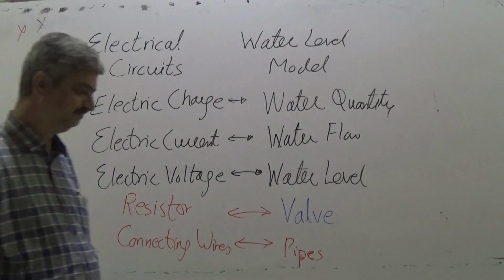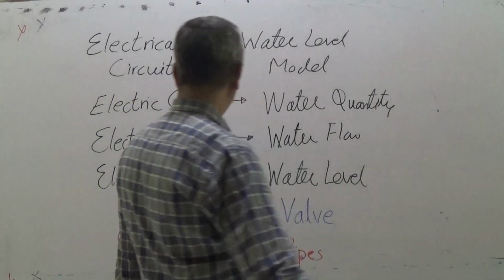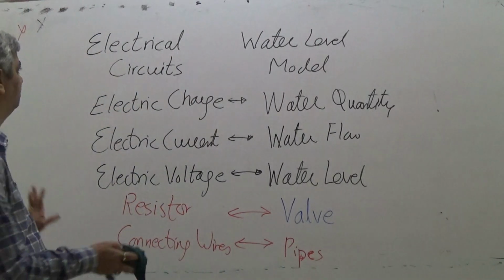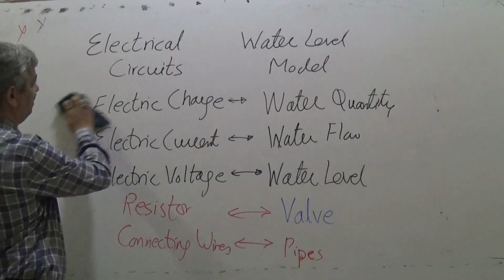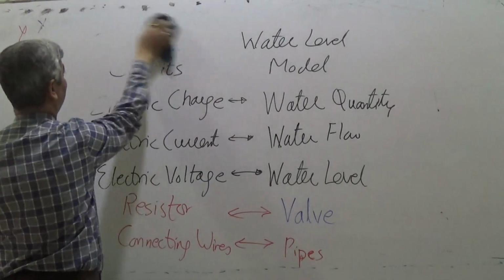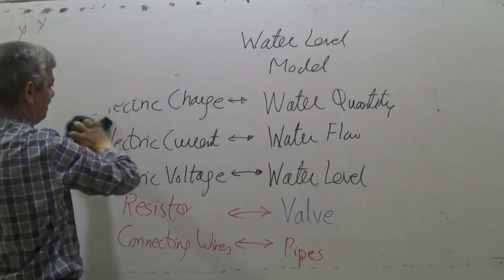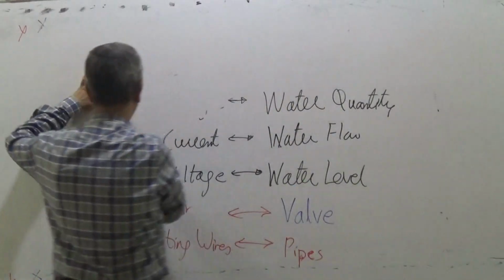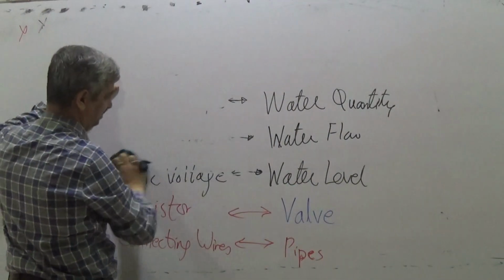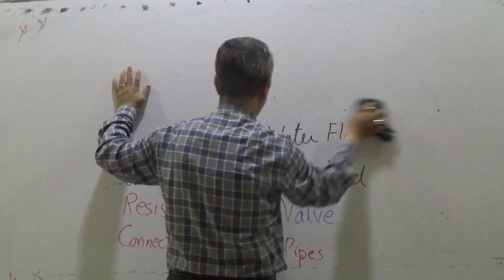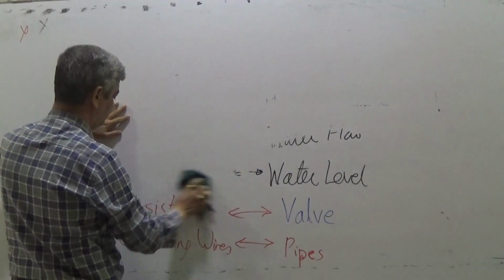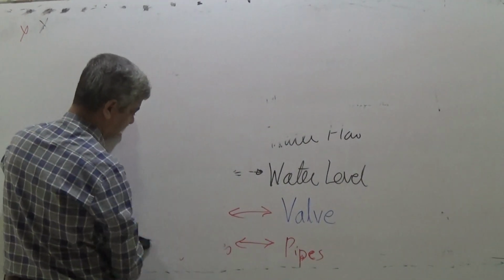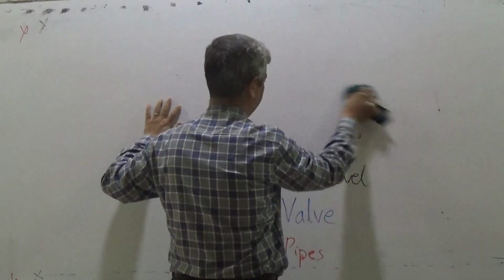So now I think I will rub it out. There is no need to ask, should I rub it out? Because those who want can just go back and see the whiteboard. So now, this is very important.